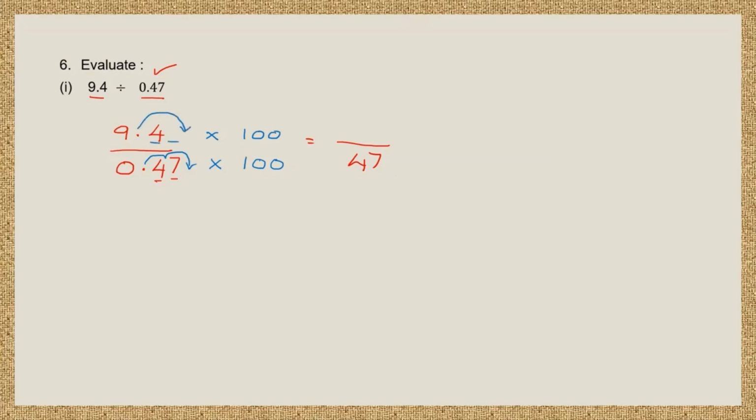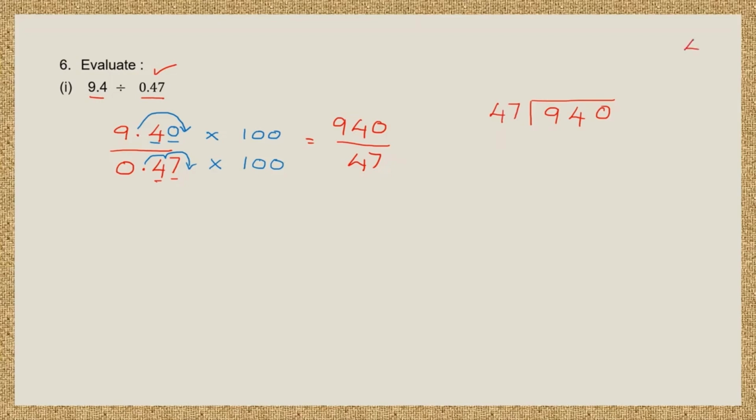So here I put a 0. So my numerator now has become 940. Now it's become a normal division sum. 940 divided by 47. So let's do that division here.